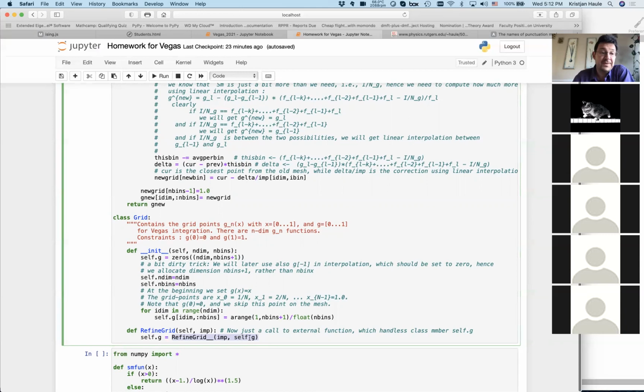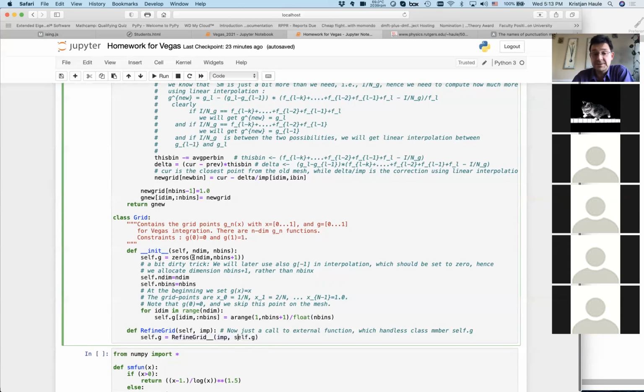Okay, why? Because self G is not a simple scalar, but is an array. So if it was a simple scalar, then according to Python documentation, it's not being changed. It's called by value and not by reference. But if it's an array, then it's called by reference. So basically, when you change the variable inside the function, it's also changed inside the class.